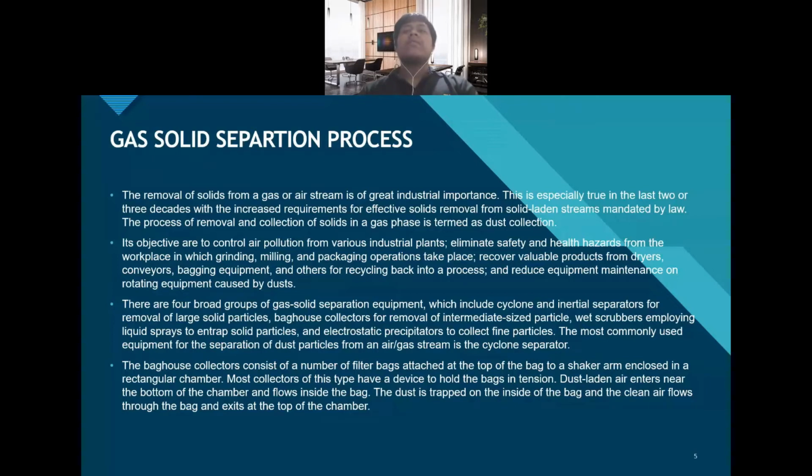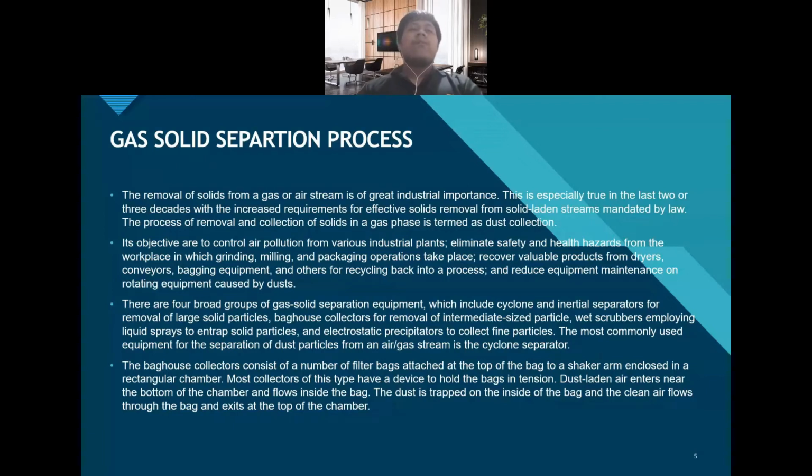The third one, recover valuable product from dryers, conveyors, bagging equipment, and others for recycling back into a process. And lastly, also reduce equipment maintenance on rotating equipment caused by dust.